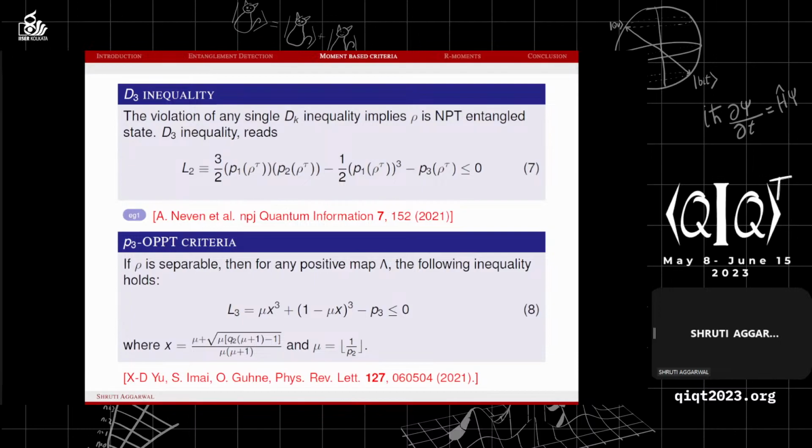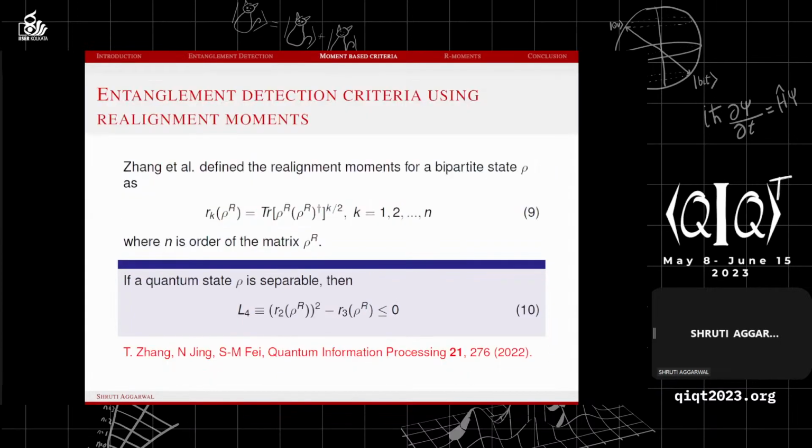To detect bound entangled states, there is a criteria which was recently given by Zhang, which is based on realignment moments. This criteria defined realignment moments like this.